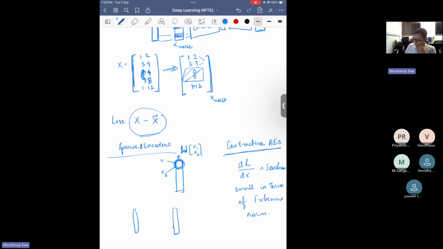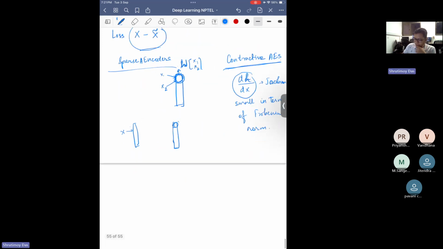So the Jacobian basically says what is the rate of change of some neuron, say here we have some neuron, based on once you change x, right? This is what the definition of derivative is, because we want to say how changing the input changes your output. So this is what the Jacobian does here, right?